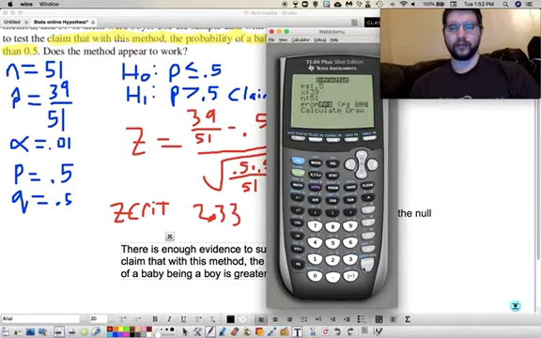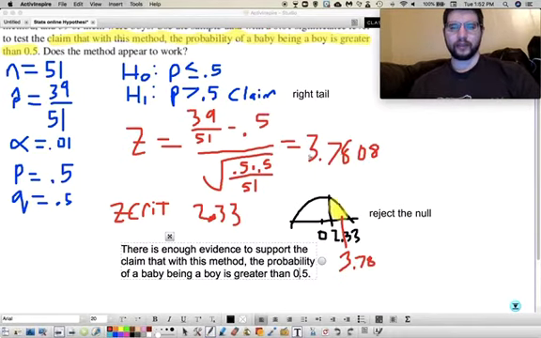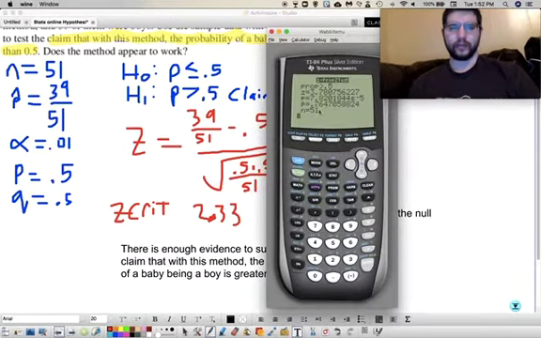It's a right tail. Calculate. 3.78 for our test statistic. All right. And then our p-value, if we're doing that, is a decimal followed by 4 zeros and then an 8. So that's smaller than our alpha, so we know to reject the null right there.